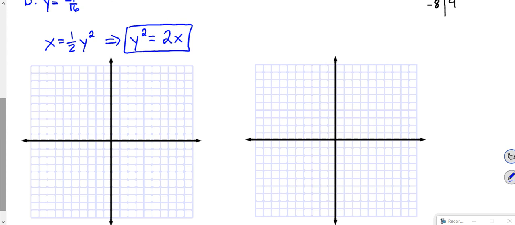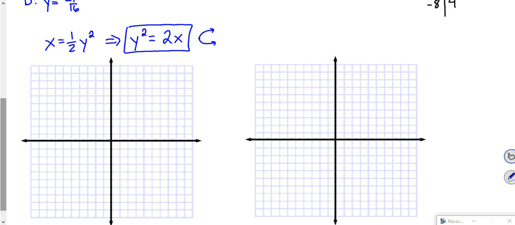I'm multiplying both sides by 2, and then I just flip-flop the sides. Again, because the y is squared, this is going to be a left or right parabola. And because the number in front of the x is positive, this is going to be a right-facing parabola.